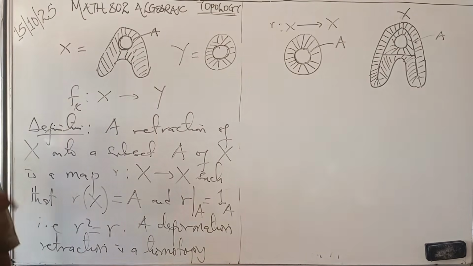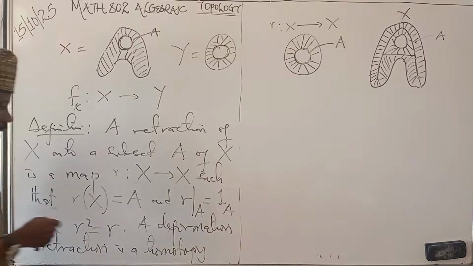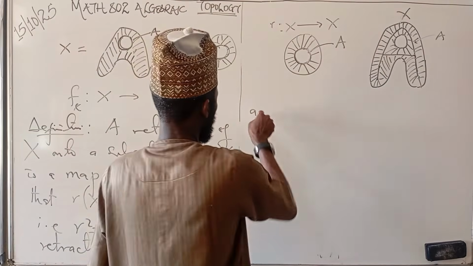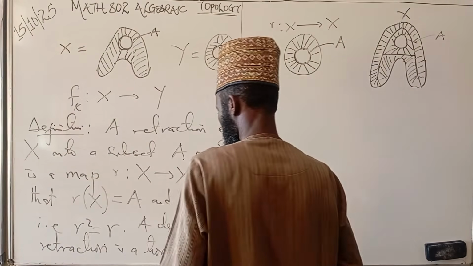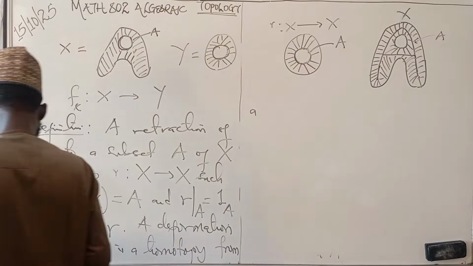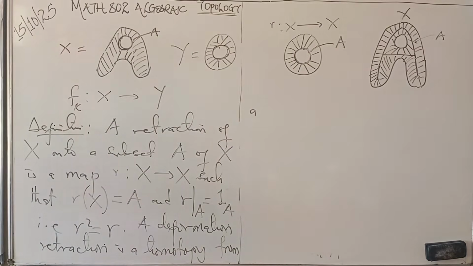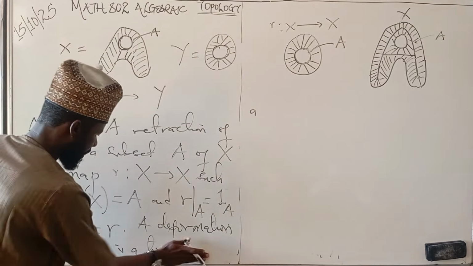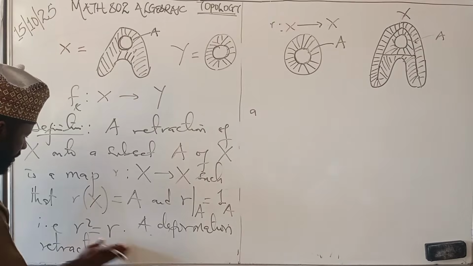We have already defined what a homotopy is. If you want to say a deformation retraction, it should be of a space onto a subspace.